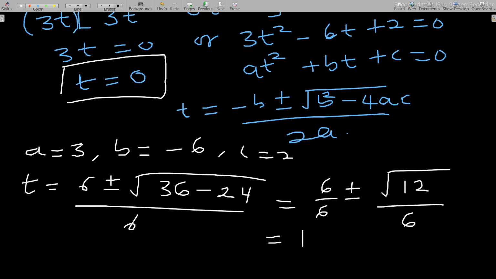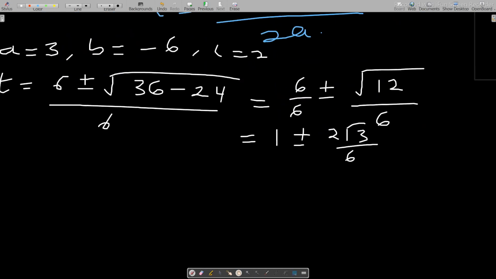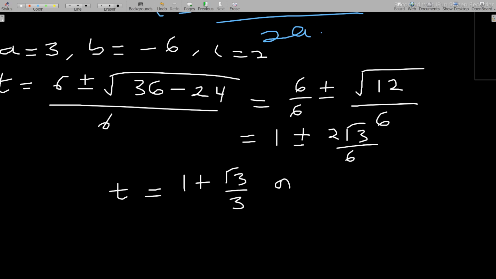So this is 1 plus or minus 2 root 3 over 6. I hope you can see this. This is just simple. Our t here is equal to 1 plus, now 2 root 3 over 6 will give me root 3 on 3, or t is equal to 1 minus root 3 on 3.